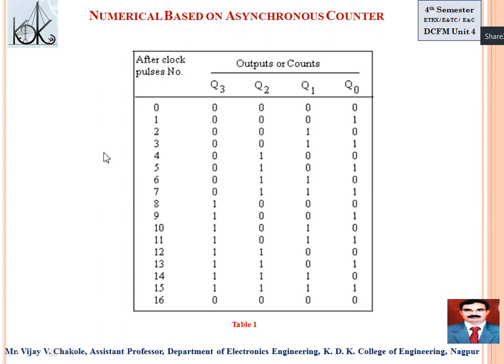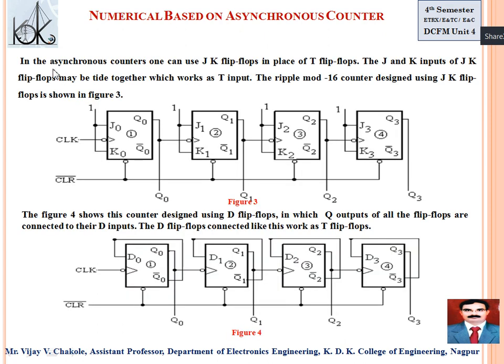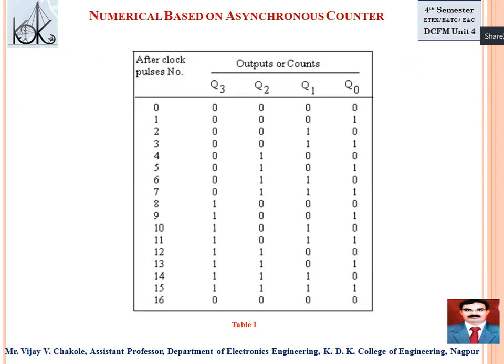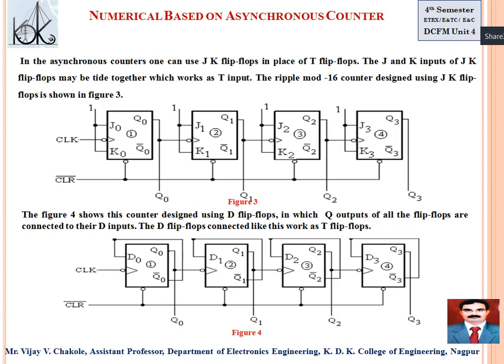Got this? Is there any doubt up to this? Now, this asynchronous counter we have designed with the help of T flip-flop. If the question asks to design a 4-bit binary ripple counter using JK flip-flop, then what do we do? You can design this counter by using JK flip-flop also.